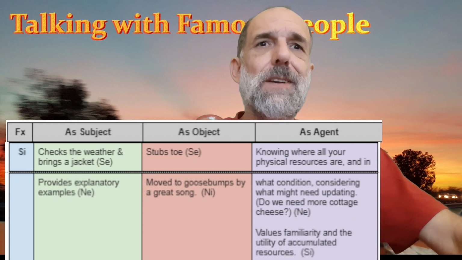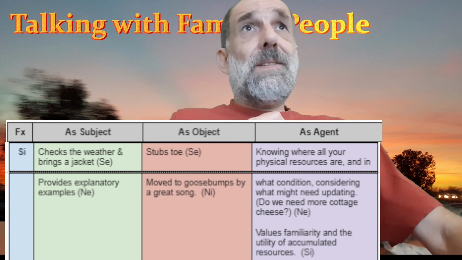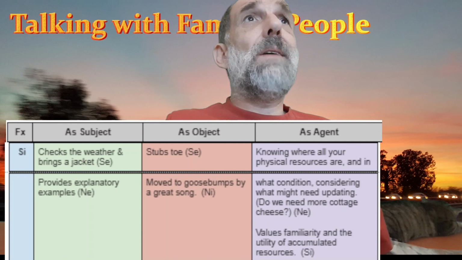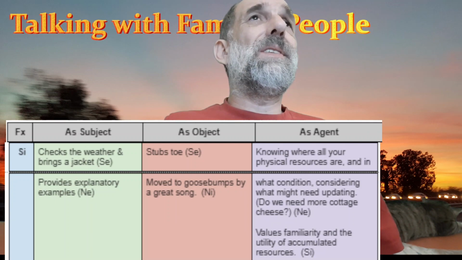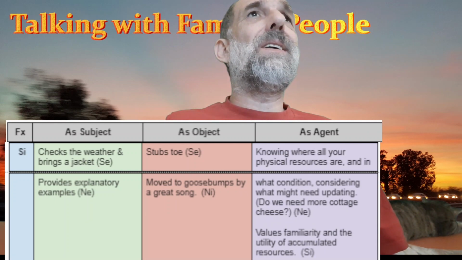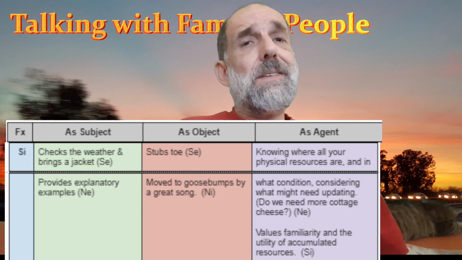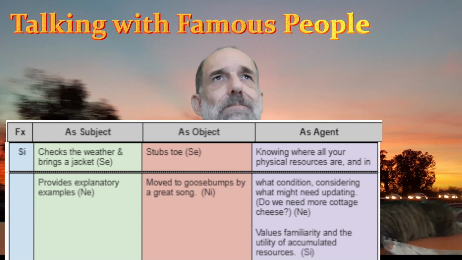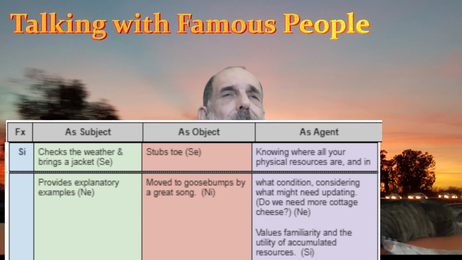SI is experiencing it physically in the form of goosebumps. So now let's finish SI. Knowing where all your physical resources are. This is you as an agent and in what condition, considering what might need updating. Do we need more cottage cheese? That links to NE. SI-NE. And then, of course, the core of SI is the value, familiarity, and the utility of accumulated resources.